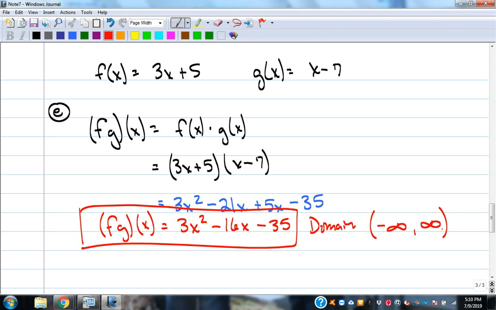Whatever the domains are of the original functions, for the domain of the addition, subtraction, or multiplication of those functions, you're just going to combine them together. So if they're both already negative infinity to positive infinity, when you combine that together, it's still going to be negative infinity to positive infinity.